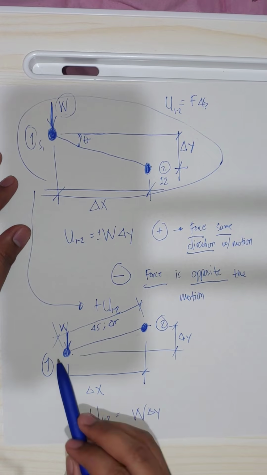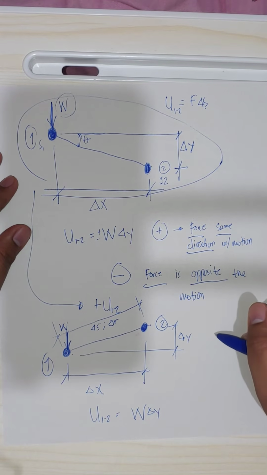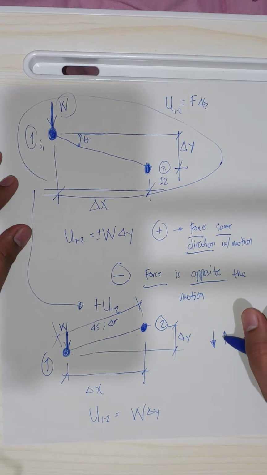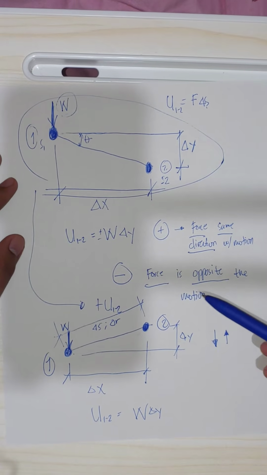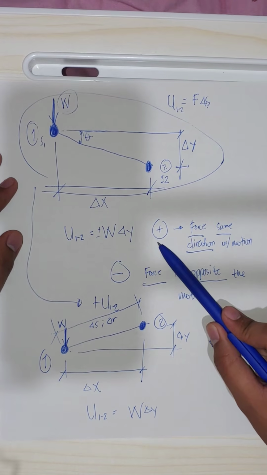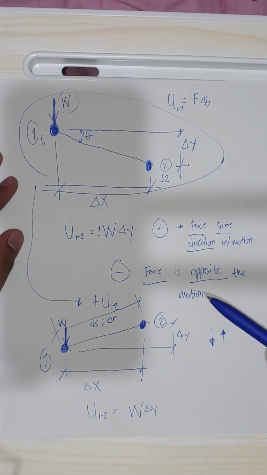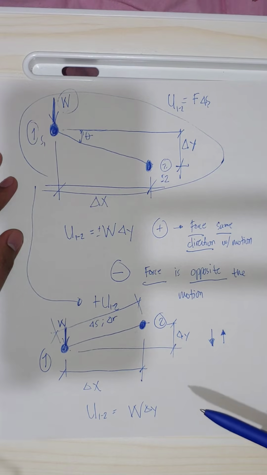Is it positive or negative? From this example, the force is going downward, but the motion along the vertical is going upward. So is this a positive or a negative work? Again, work is positive if the force is in the same direction with motion, but negative if the force is opposite the direction of the motion.